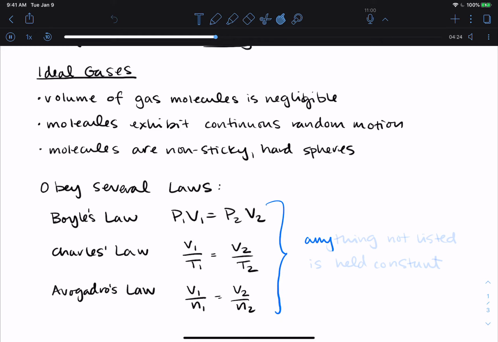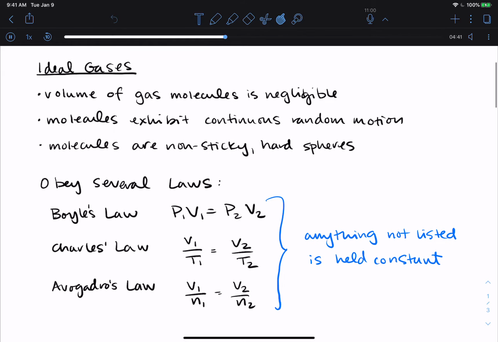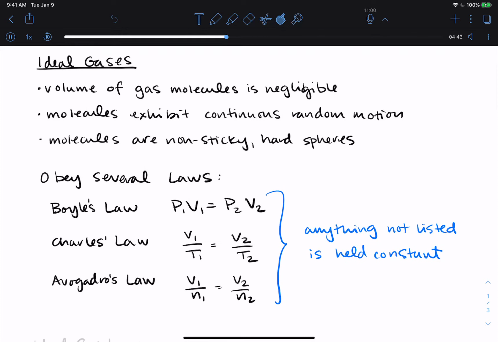So in all three of these, anything not listed is held constant. So in Boyle's law, we're talking about pressure and volume, so the temperature and the number of moles are held constant.